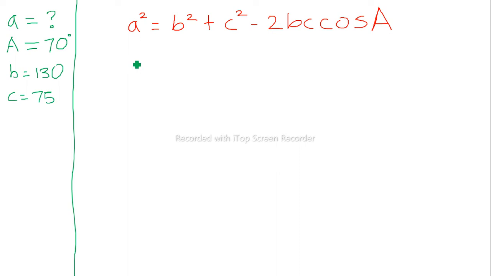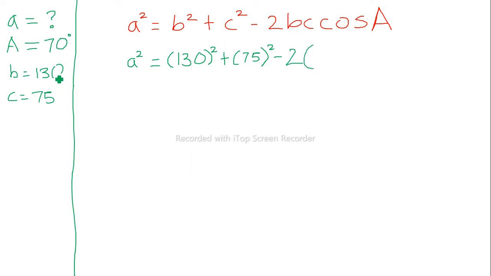So we ready? So it's going to be A squared. You only put one capital in there. Only one capital, yeah. B squared is 130 squared plus C squared is 75 squared minus 2BC.